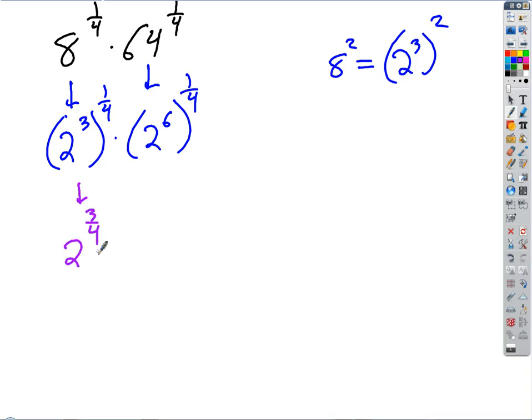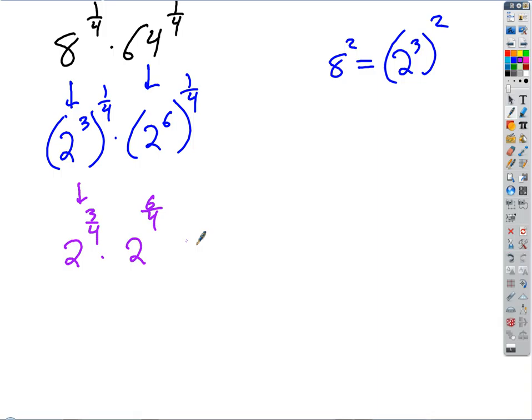So I get 2 to the 3/4 times 2 to the 6 to the 1/4. What is that? 3/2, you're right, but I'm going to leave it as 6/4 because I want to multiply like bases and add, so I'll have common denominators. So let's leave it as 2 to the 6/4.